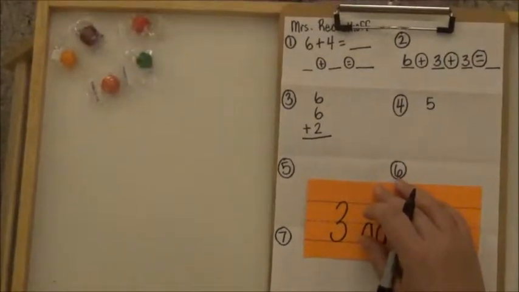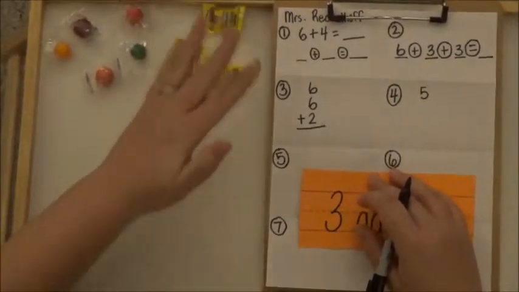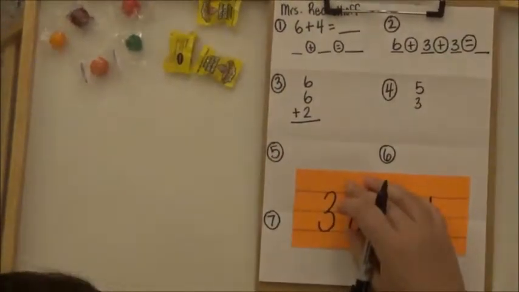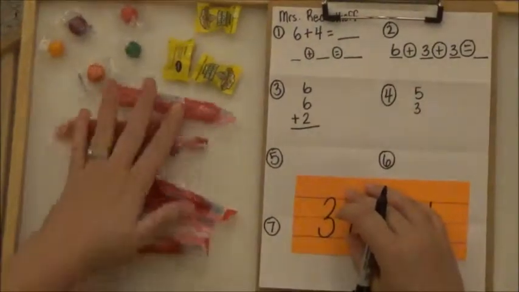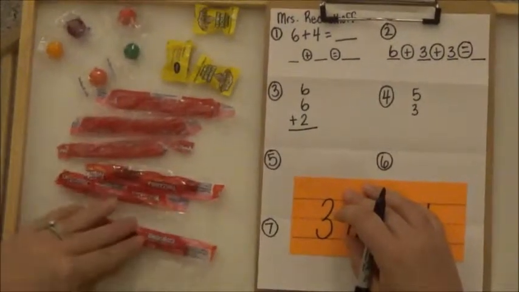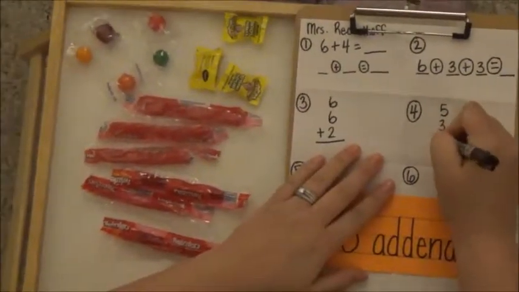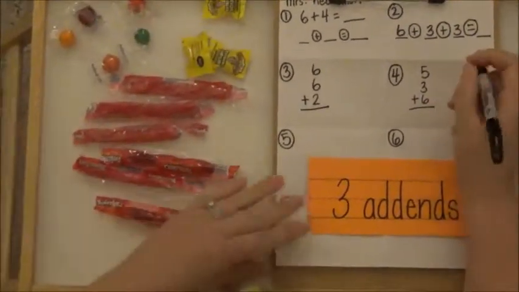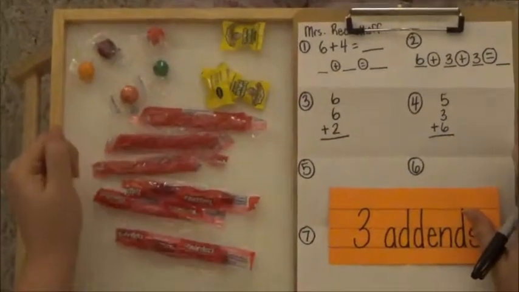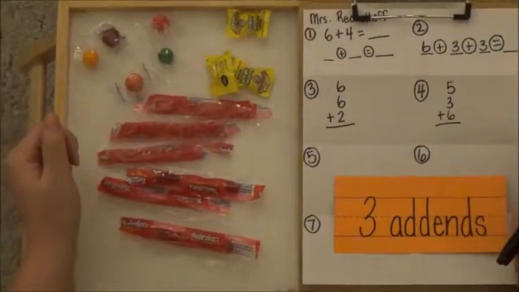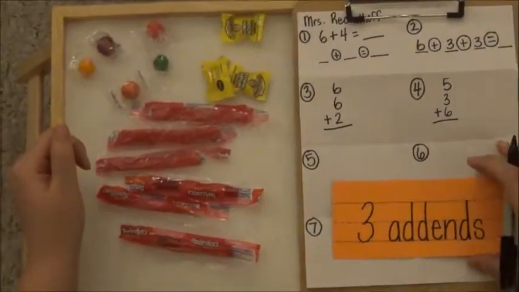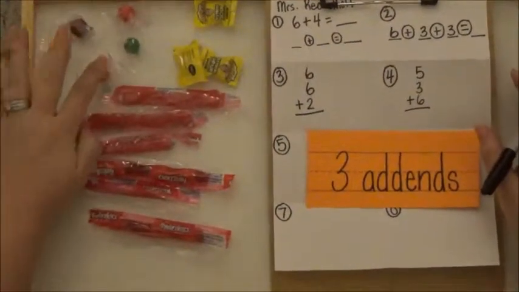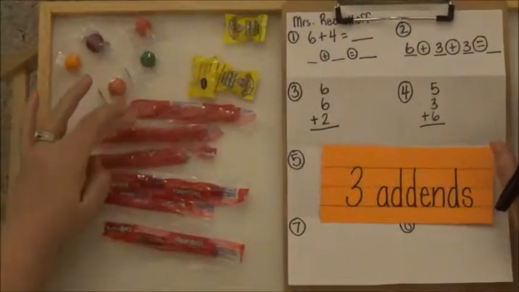I have 3 sour candies, and I have 6 Twizzlers. How many pieces of candy do I have in all? Adding 3 add-ins at one time. 5 plus 3 plus 6.